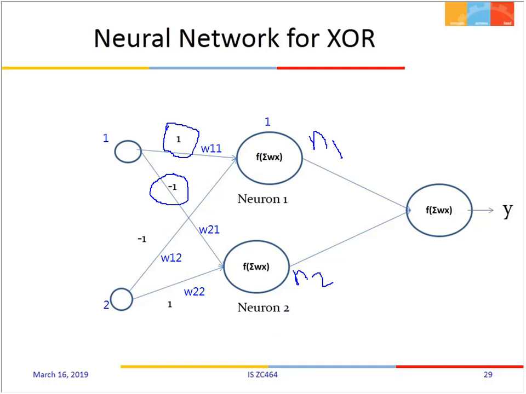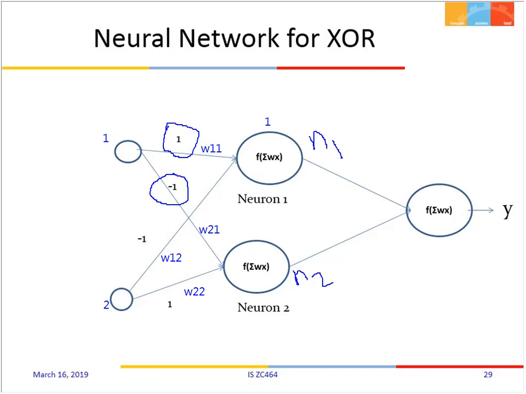I'm taking x1 x2 here. x1 is equal to 0 and x2 is equal to 0. Then what will be my n1? And what will be my n2? Can you tell for 0 0 with these weights?